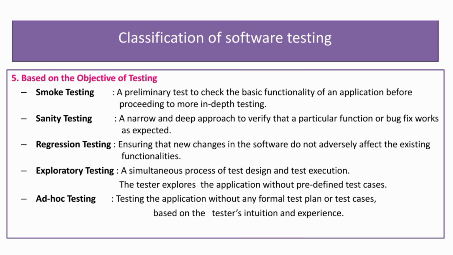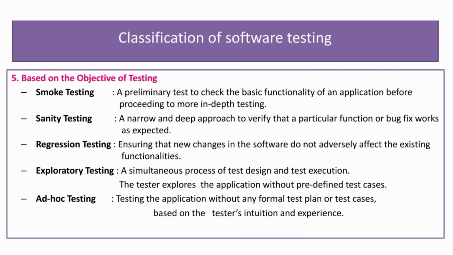So at any level of testing, once you decide to go for testing, before going to test the software, we are going to conduct a preliminary testing. In that, we are going to test whether this particular software is suitable for in-depth testing.